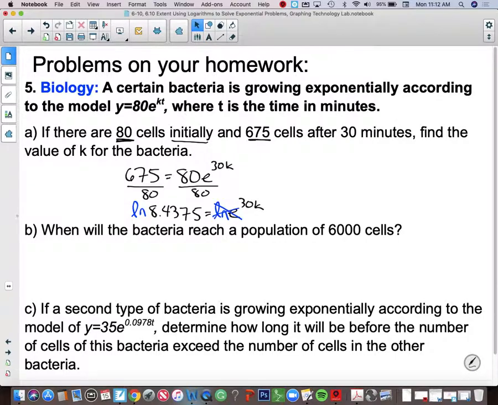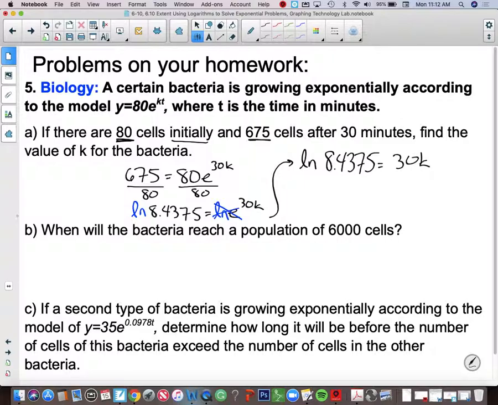So the next step this would be written is natural log of 8.4375 equals, we have 30k. So divide the 30 out, and that will give us our value of k. So put that 8.4375 or that natural log in your calculator.